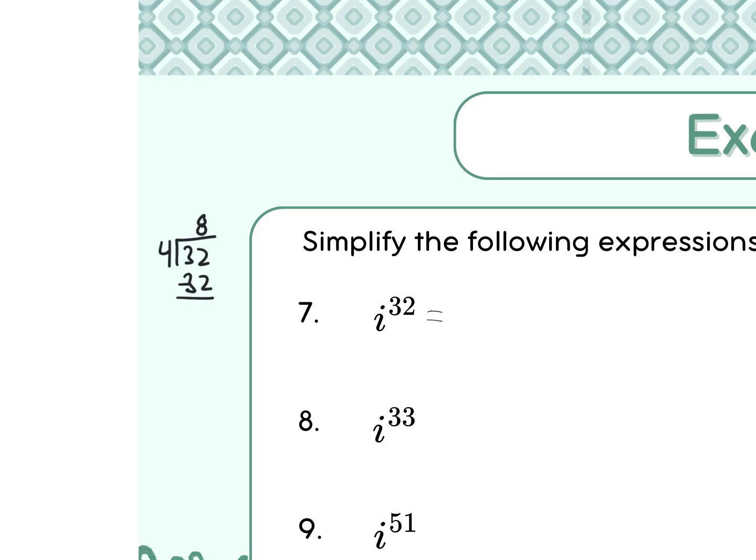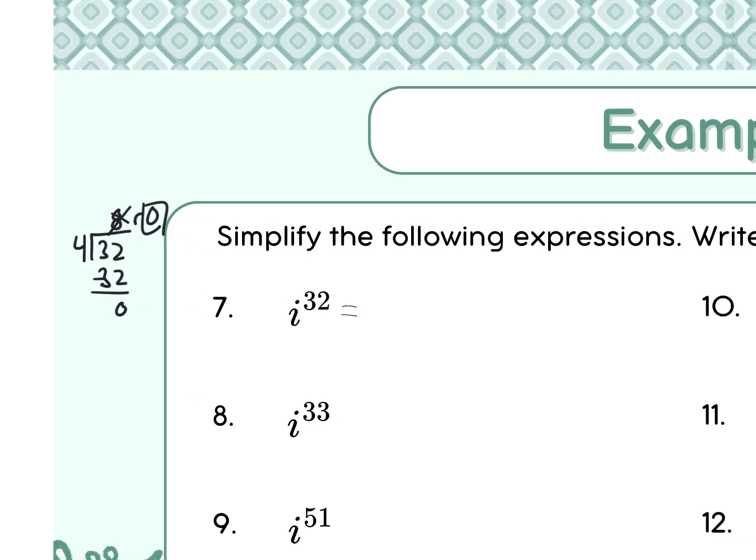I don't really care about this number, I just care about the remainder. 32 minus 32 is 0, so I get a remainder of 0. This is really what I care about. I don't care how many times it goes in. So I get that i to the 32 is the same as i to the 0, but anything to the 0 power is 1. So i to the 32 is just 1.